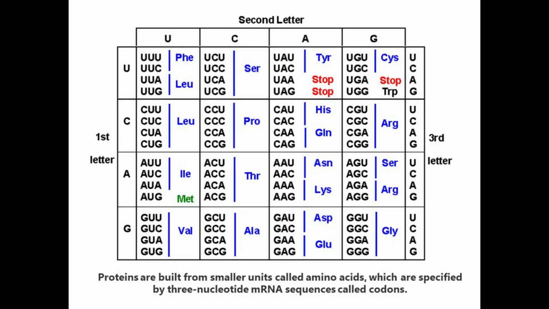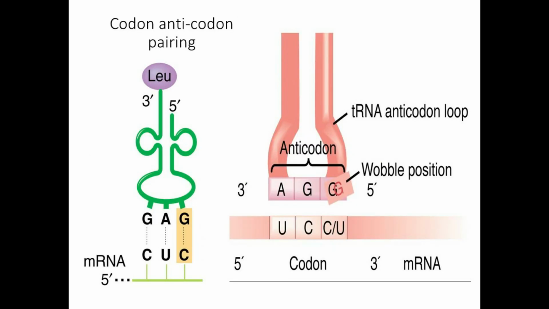That means it is calling for the amino acid leucine. But this amino acid is to be brought by that tRNA which is specialized for bringing leucine. So it is this tRNA which is marked in green in the diagram on the left, where you can see that it is having a charged amino acid, that is leucine.